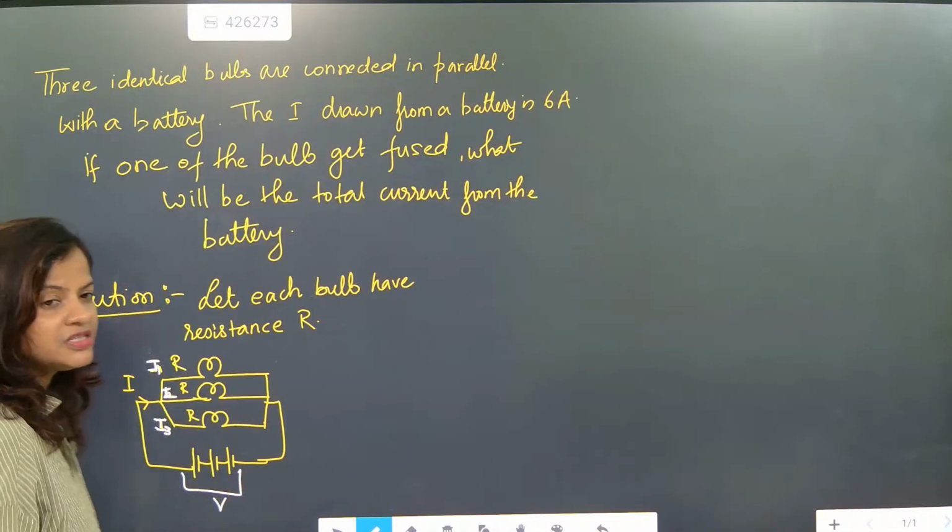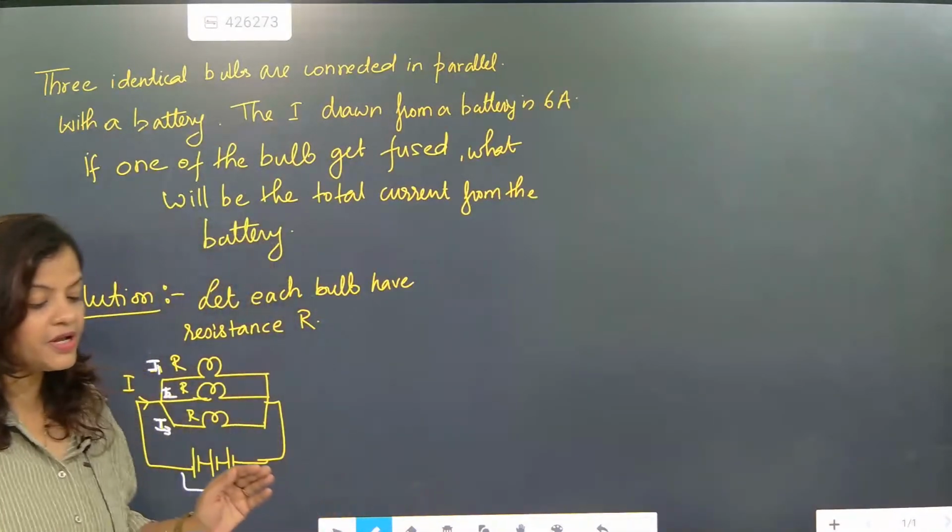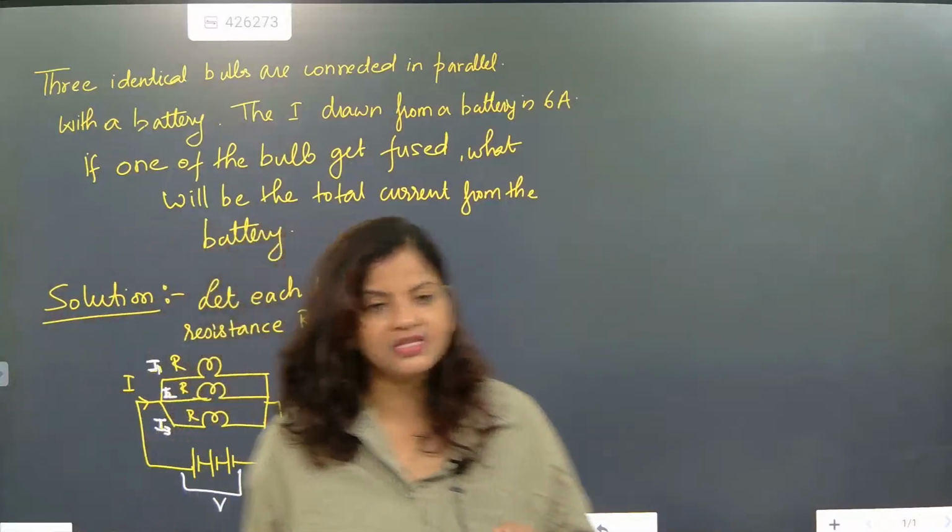So potential remains same. What remains same here, beta? For parallel connection, potential remains same.